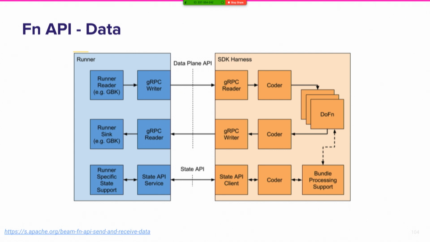The one aspect of the data plane that should be of interest is where data gets serialized and deserialized. In Beam terms, those are called coders, encoding and decoding. This happens on the SDK side, so this would be Python code. The Flink Runner does not need to understand what the data is.